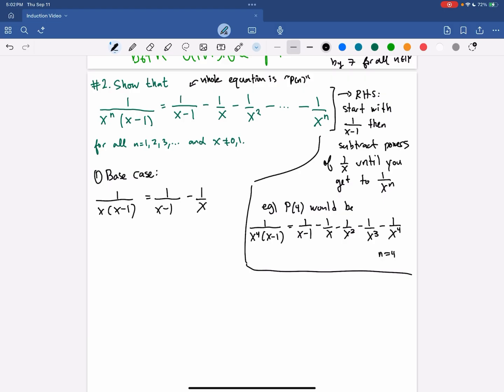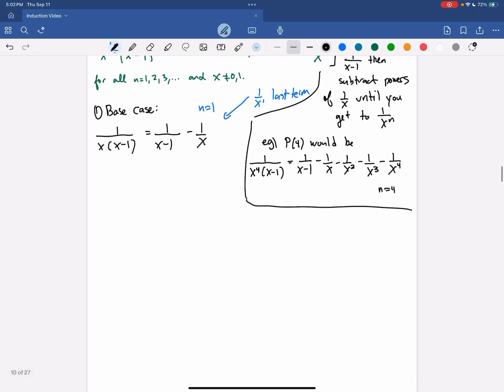And here, because n is equal to 1, we have 1 over x to the 1 is the last term, so we just stop there. Okay, well, let's do a common denominator on the right-hand side. That gives us x minus 1 all over x times x minus 1. So that just gives us 1 over x times x minus 1. Nice.